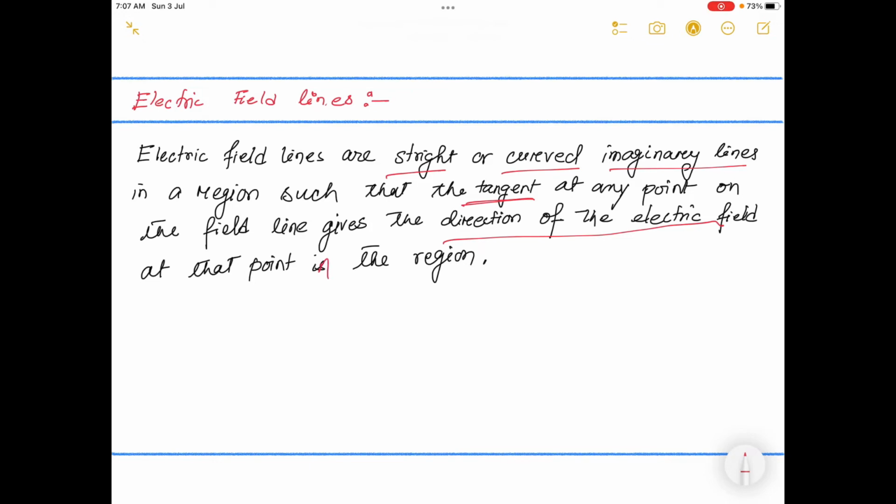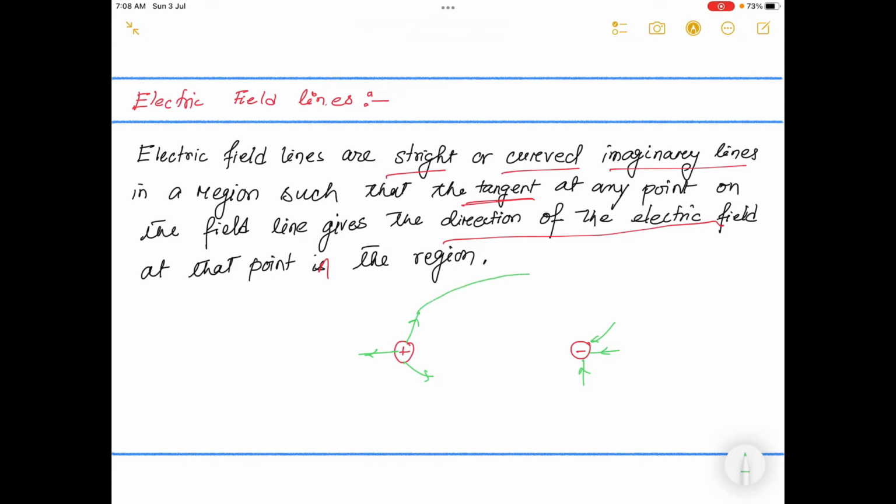Suppose in general this is a positive charge and this is a negative charge. Electric field lines generally come radially outward from a positive charge and go into a negative charge in the radially inward direction.